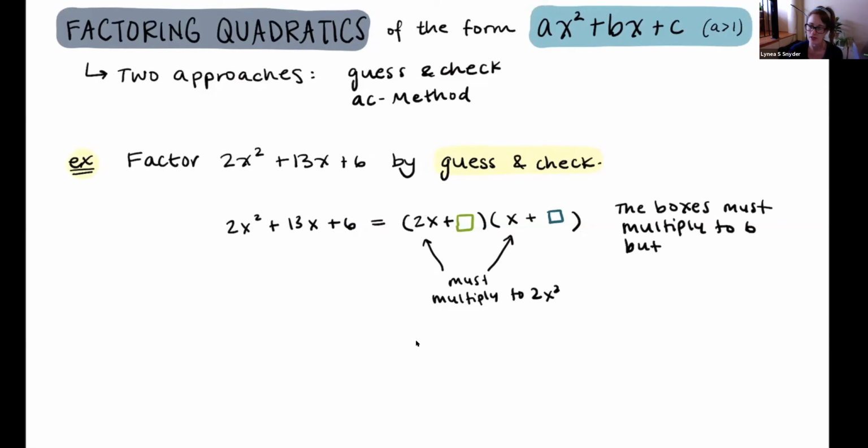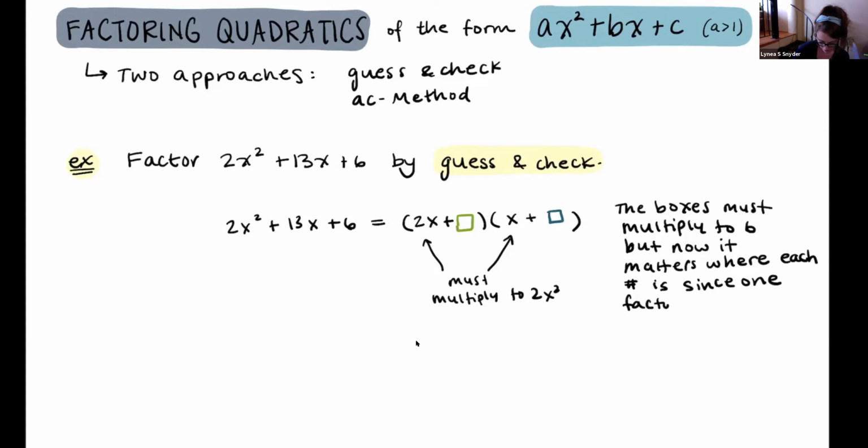Before it didn't matter because both of the first pieces were x, but now it does make a difference, where each of those factors of 6 go, since one factor has a 2x and the other has a 1x. I don't know why there's such a lag here. I'm sorry about that.